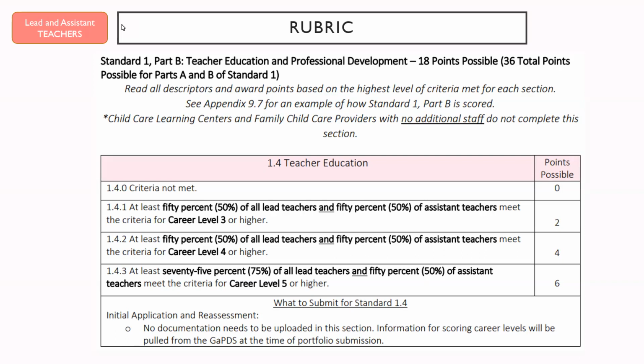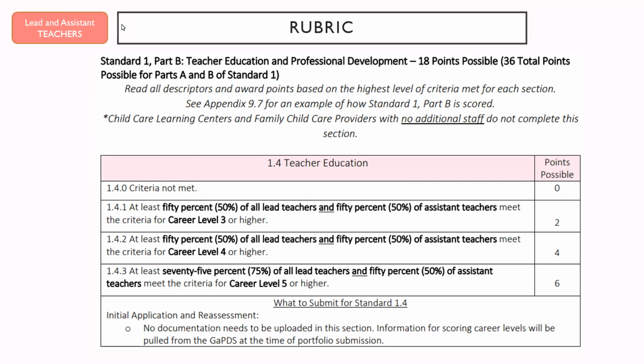To receive 6 points for teacher education, 75% of all lead teachers and 50% of all assistant teachers must meet career level 5 or higher. No documentation is needed to be uploaded in this section.